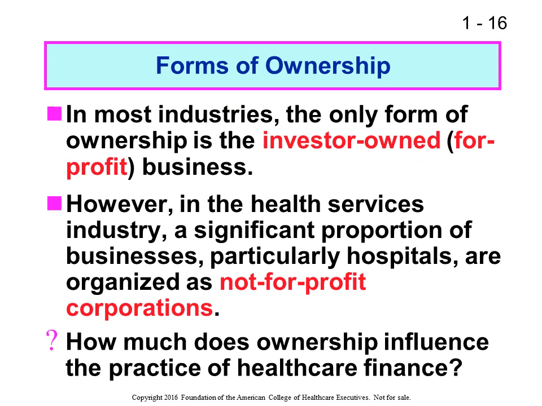Slide number 16 talks about forms of ownership. Most ownership is investor owned, which means that someone actually invested into the business itself. And a lot of times when you invest into a business, you look to make profit off of that business.